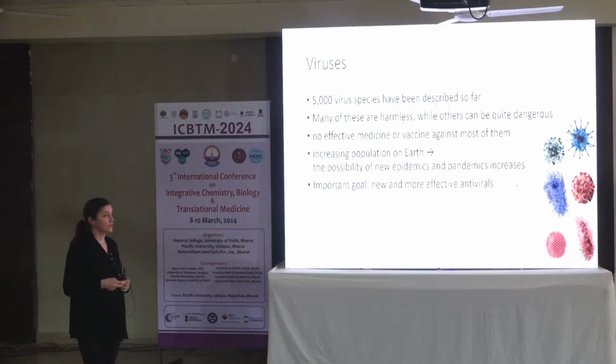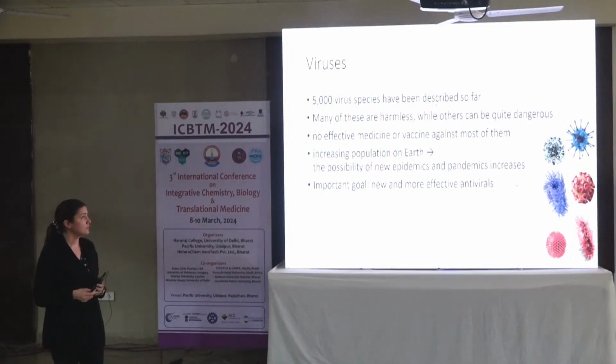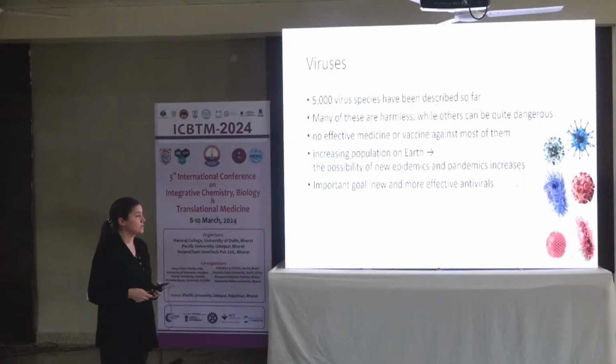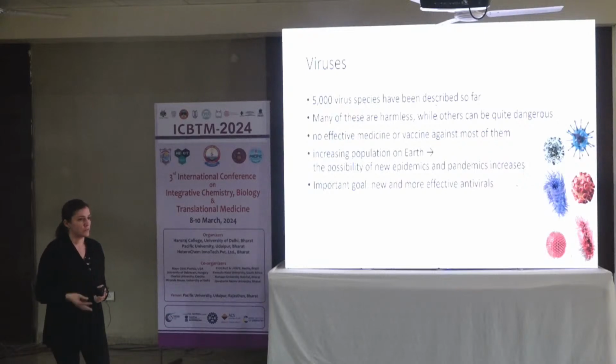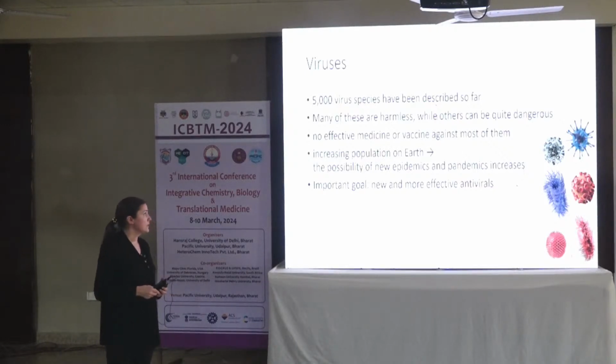There are about 5,000 virus species that we have described so far. Many of these are harmless, but others can be quite dangerous. And unfortunately, there are no effective medicines or vaccines against most of these viruses.